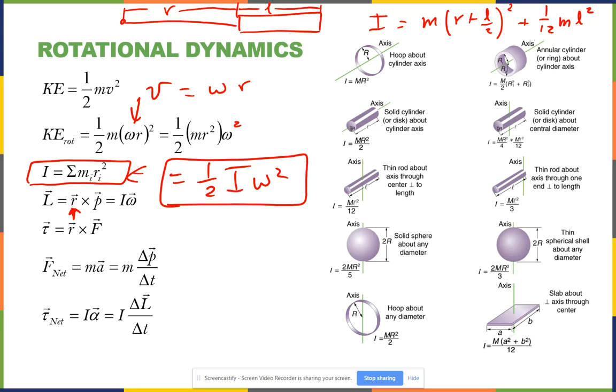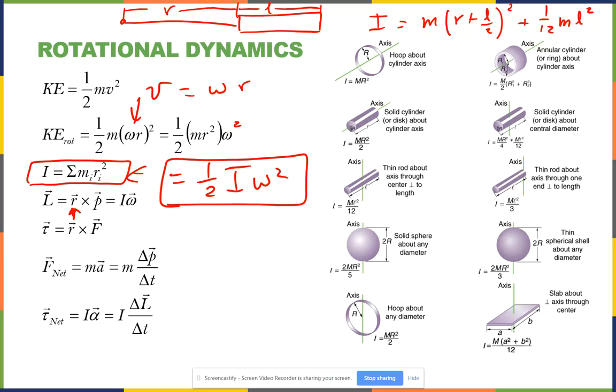And now the hardest part of this equation: I said r cross p, I didn't say r times p. Because they're vectors, that x doesn't mean times, it means cross. And cross was multiplying the perpendicular components. So it's a cross product to get the angular momentum, r cross p. Torque was r cross F.